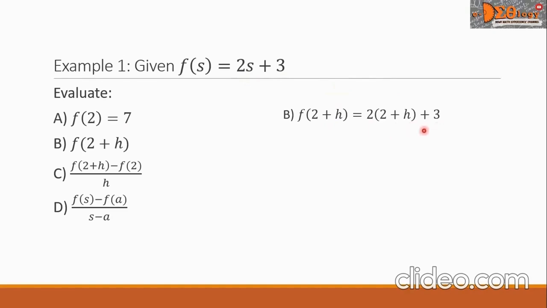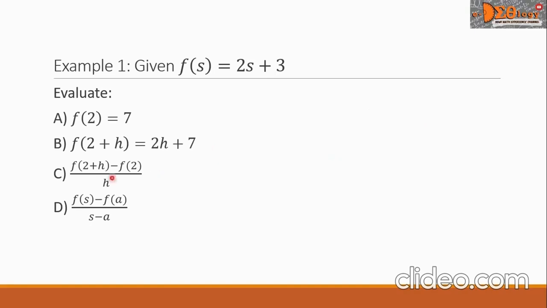Simplifying this, 2 times 2 will be 4, and 2 times h is 2h, then plus 3. We will now add together 4 and 3, it becomes 7. So our final answer here is 2h plus 7. Then we simply copy this answer in here.